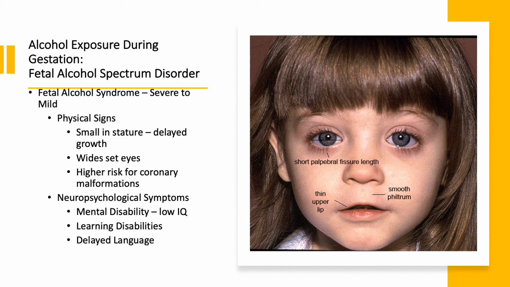Sometimes their executive function's not as good as their peers, so they're prone to throwing fits or having difficulty with control over impulses. Those are called the mild fetal alcohol spectrum disorder, and those are harder to differentiate. It's harder to form an absolute conclusion that this is the result of alcohol exposure, whereas in the more severe cases, it's much easier to make the diagnosis.